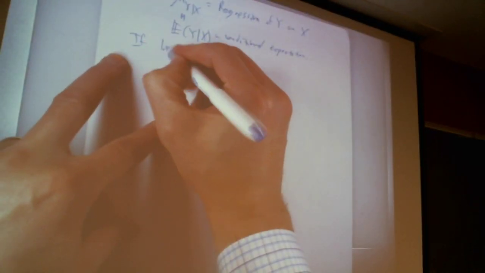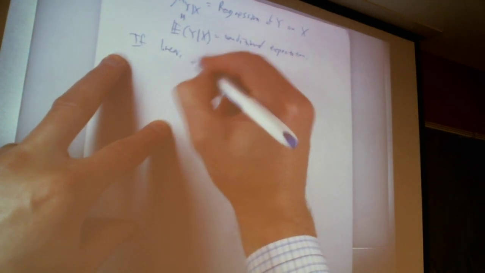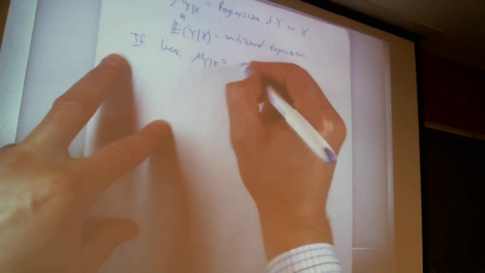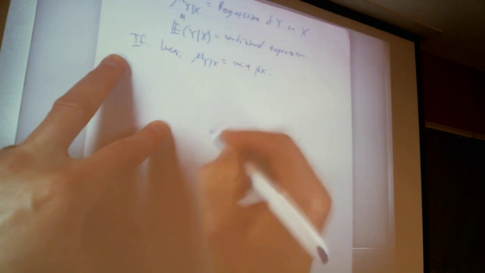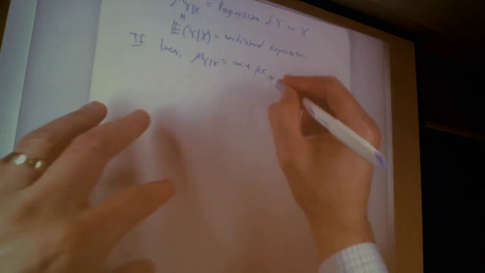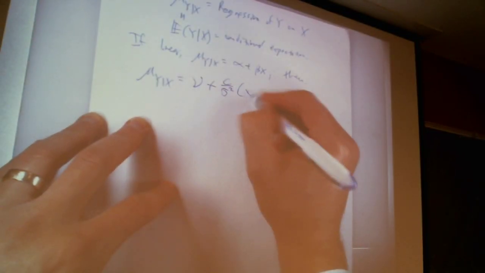Now sometimes, if linear, that is, this thing is a line as a function of x, we showed then that line is actually nu plus c over sigma squared times x minus mu.